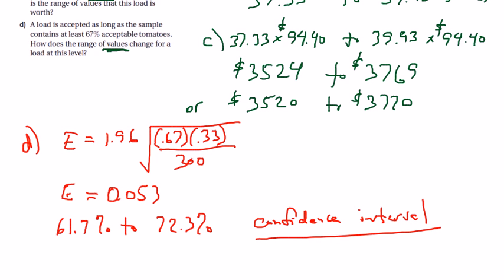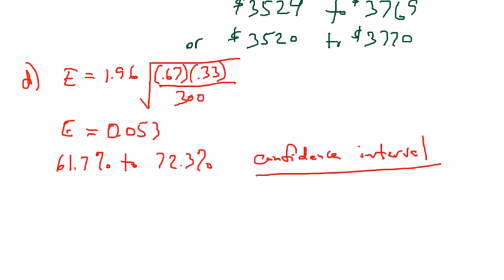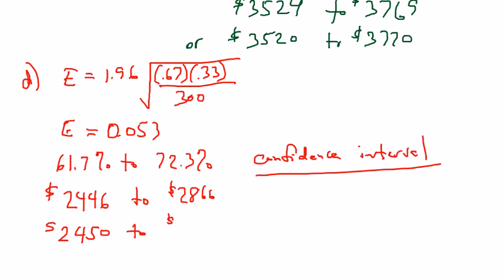But we could record that either as a percent or as a number of tons or as a value. So if we multiply it by the number of tons and by the value, you end up with 2446 to 2866, or if I use 3 significant digits, 2450, up to a high of $2870.